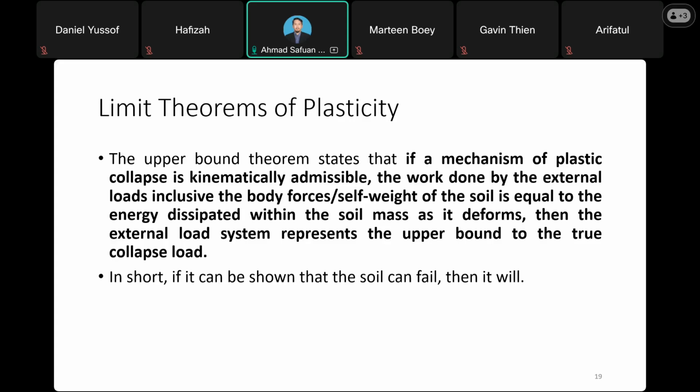Then the load represents the upper bound to the true collapse loads. Okay. In short, if it can be shown that the soil can fail, then it will. So that is the upper bound. It means that it is an approach to estimate a little bit higher compared to the actual ultimate loads. So in that case, we need to design lower than the upper bound value.